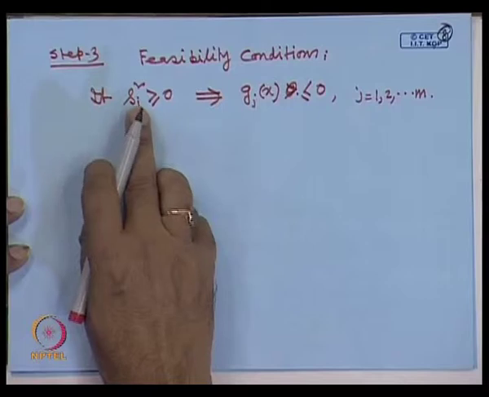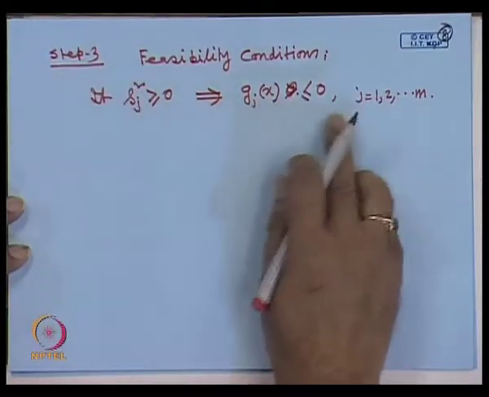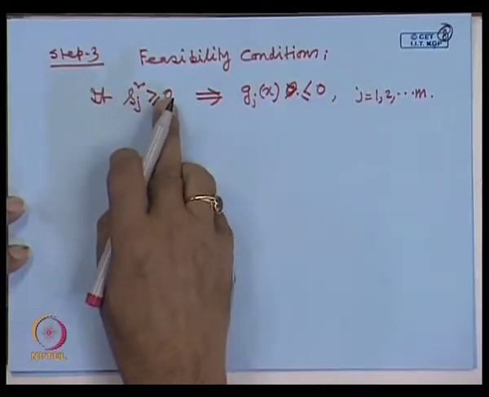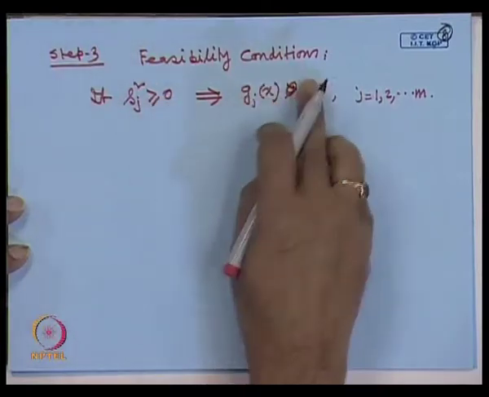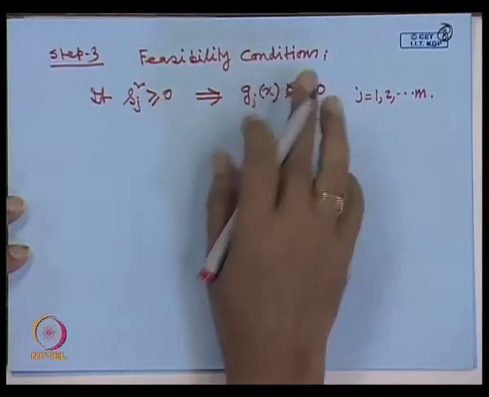When S j square is 0, then it is an equality constraint, equal to 0. When S j is greater than 0, meaning positive, then the inequality constraint, less than 0, is satisfied.